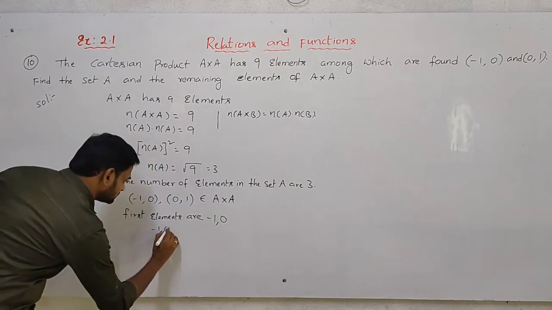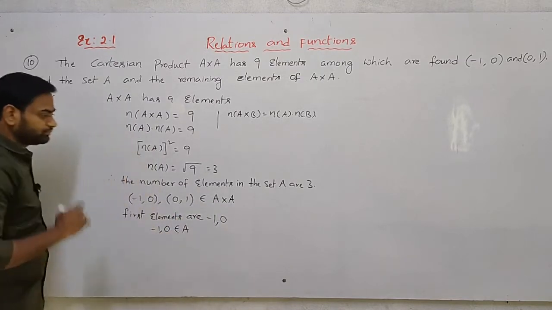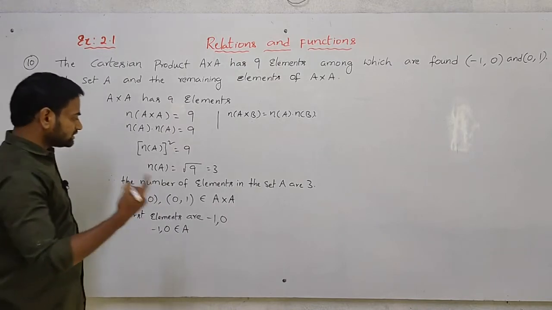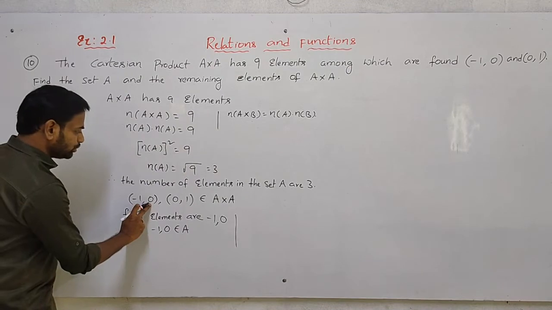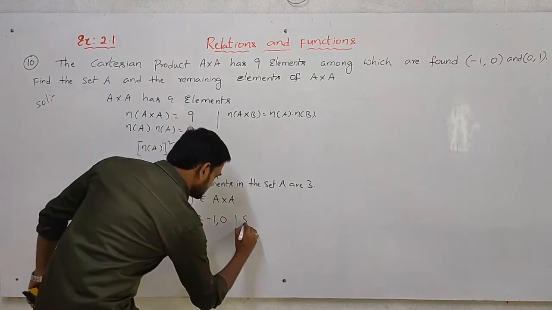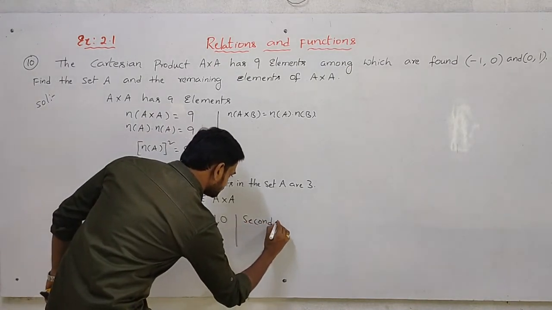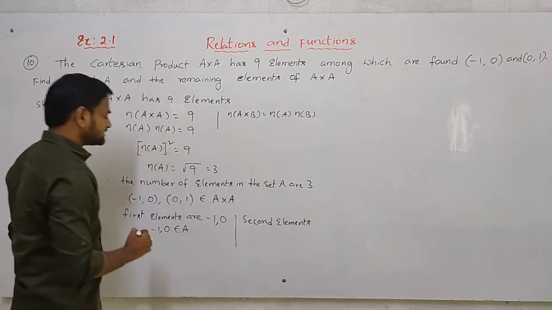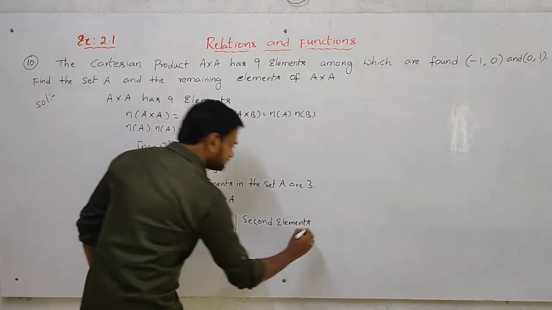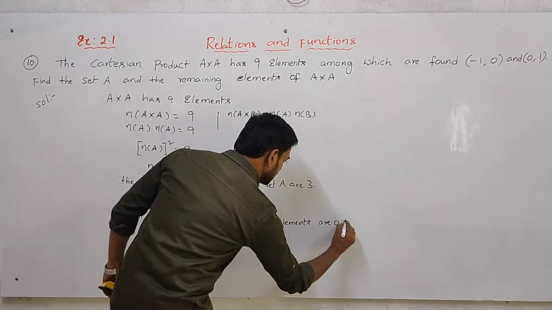So these -1, 0 belong to A. Next, what are the second elements? Second elements are 0, 1.